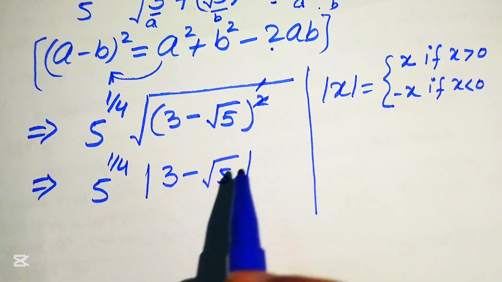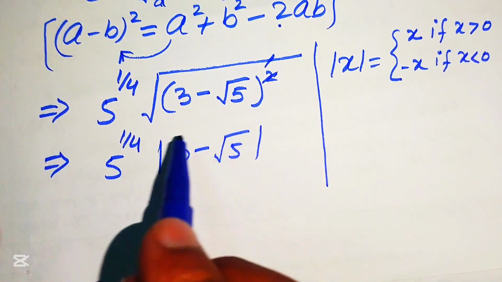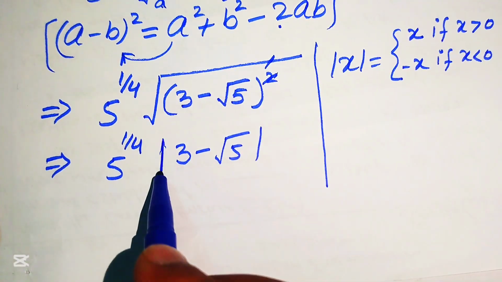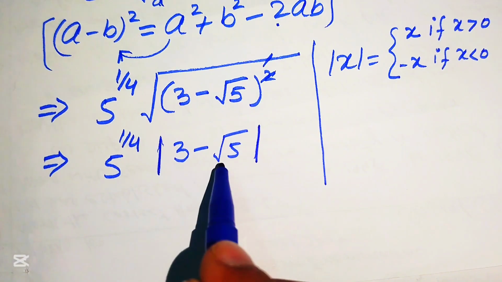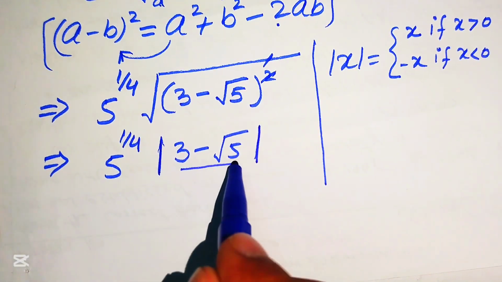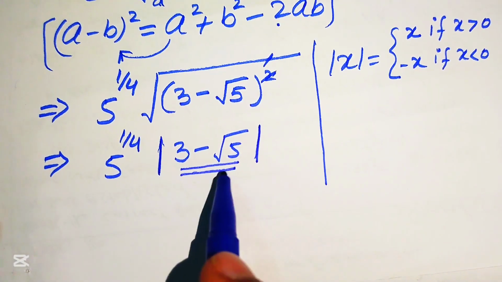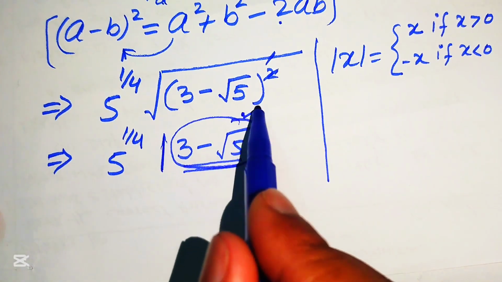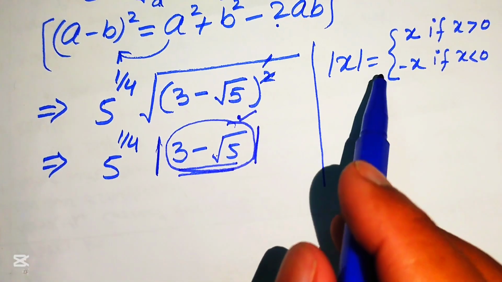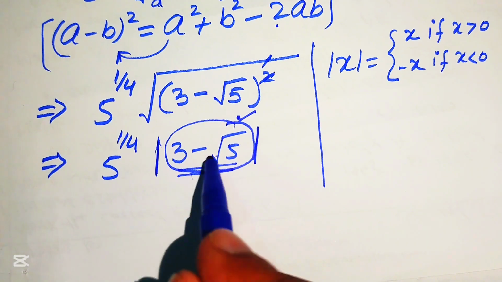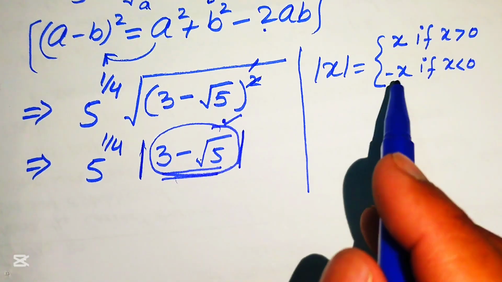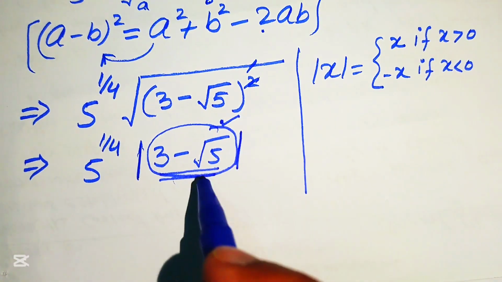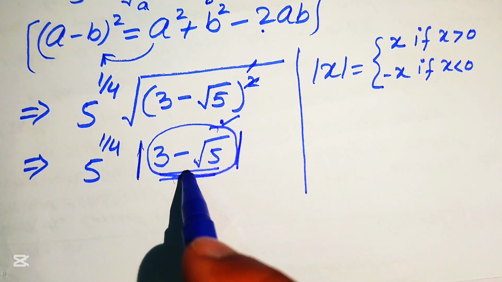So now the value of this absolute value depends on the value inside. If this value is positive, then our mod becomes a positive value. If this value is negative, according to this definition, this will be written as negative.